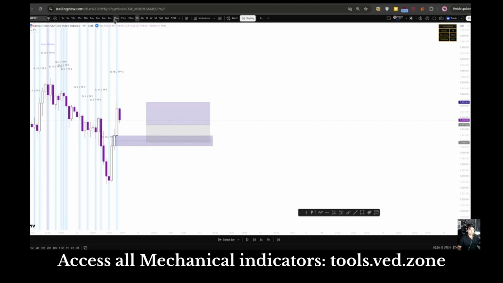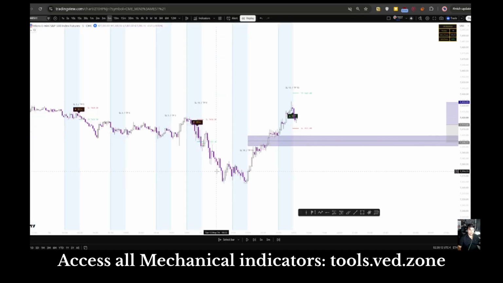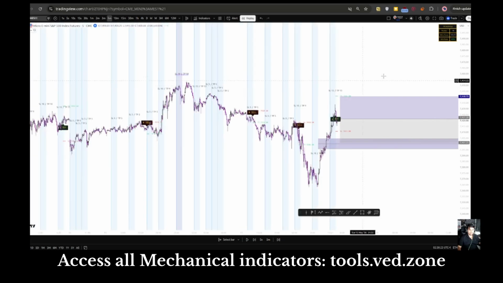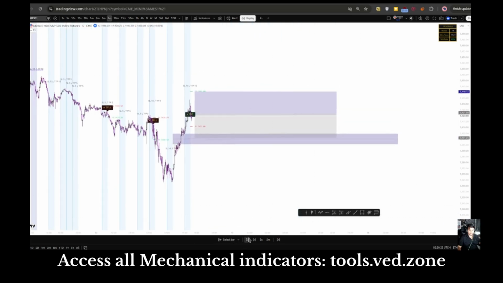Go to 5 minute. So the indicator is saying there, because we have a 1 hour gap, we could have adjusted the stop loss here and target this TP level. Let's see what happens.